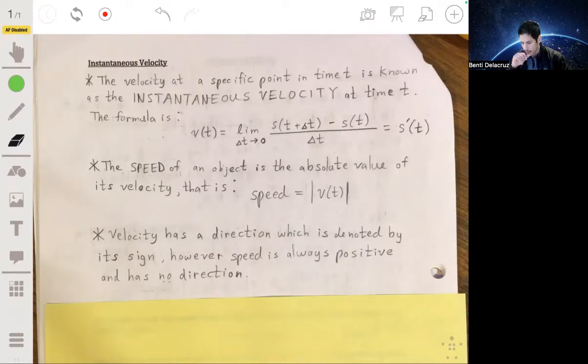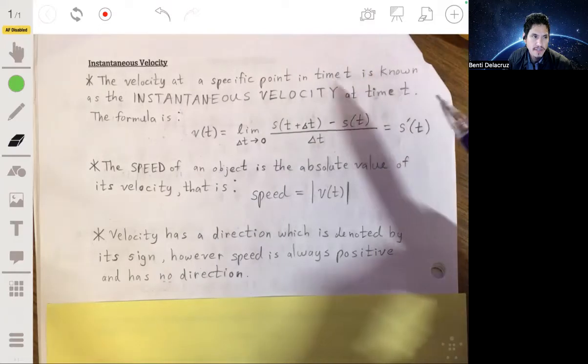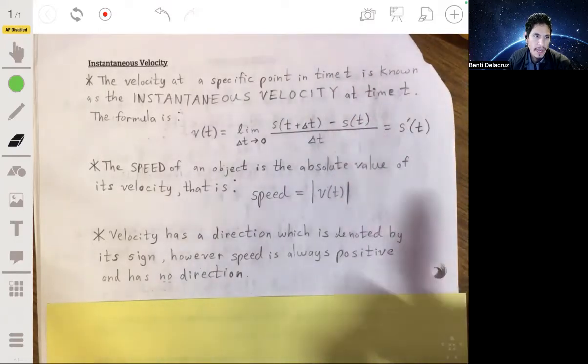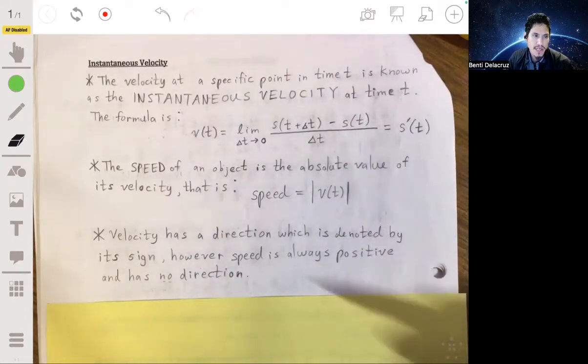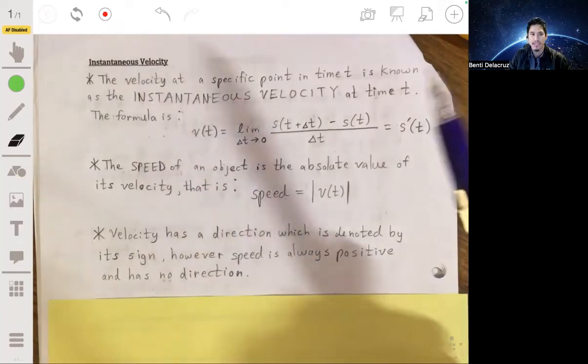So anyways, what we have here is we're talking about instantaneous velocity. And what that means is that at a fixed moment in time, an instant in time, so an immeasurable amount of time, we can calculate the instantaneous velocity.